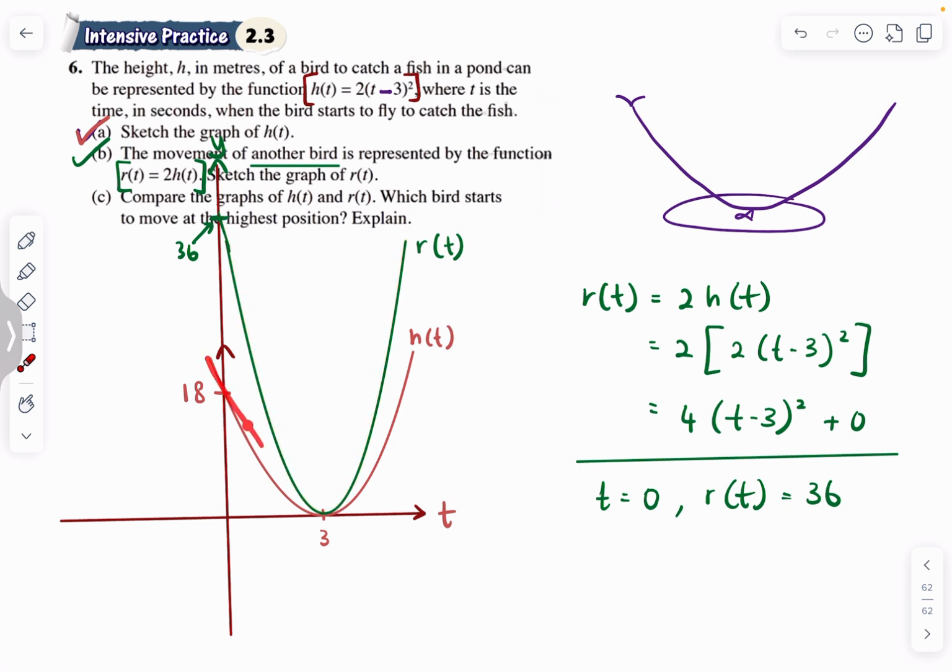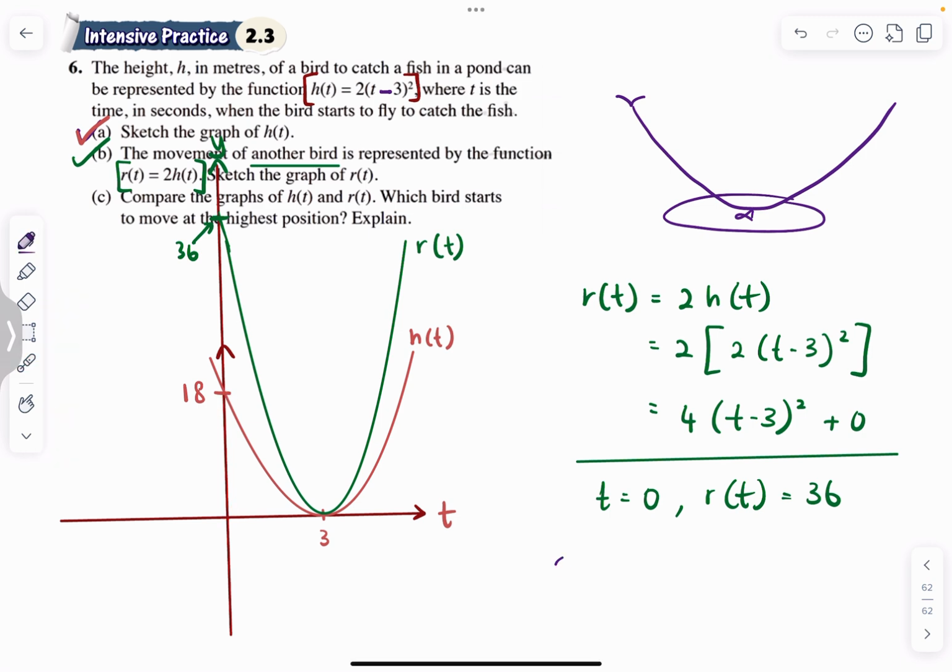But h(t) is not so steep. h(t) is quite chill. So in this case, the highest position actually is r(t). r(t) starts at 36 meters above the sea level. h(t) only started 18 meters from sea level.